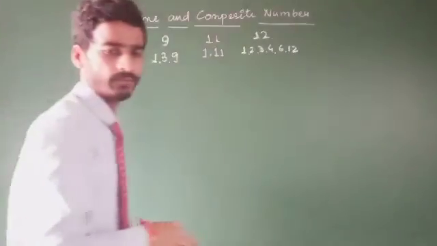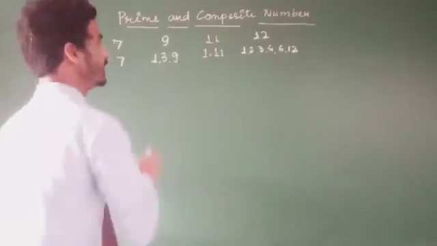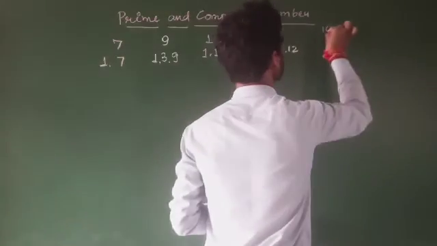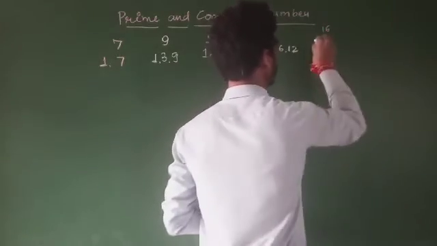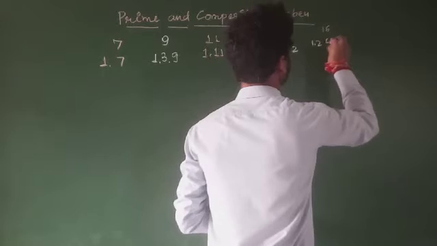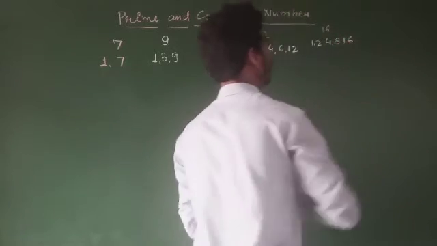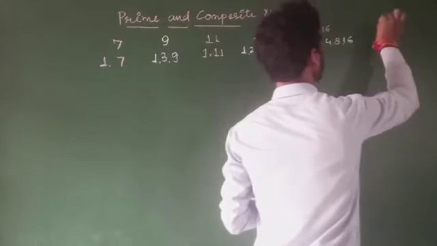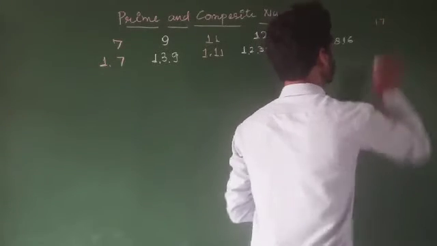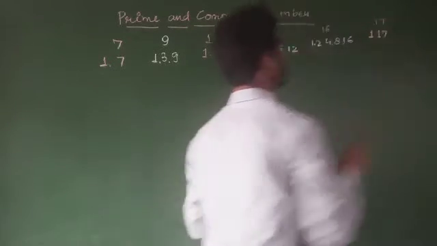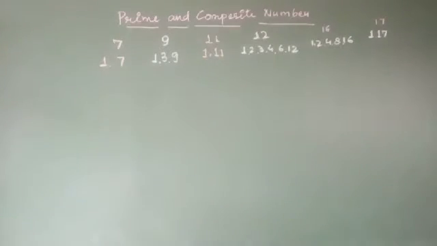The factors of 16 are 1, 2, 4, 8, 16. And the factors of 17 are 1 and 17.